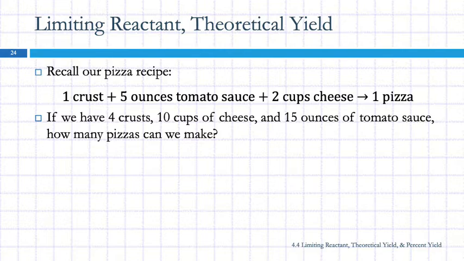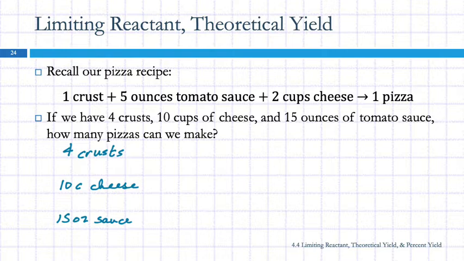So let's just look at how we would write that out, maybe to show someone else what we were doing. So 4 crusts and 10 cups of cheese and 15 ounces of sauce. And these are just going to be 1 conversion factor conversions.